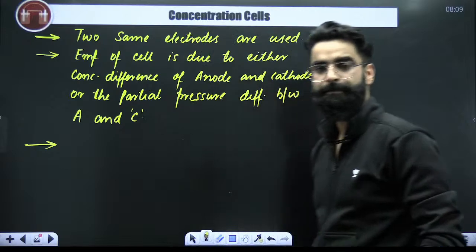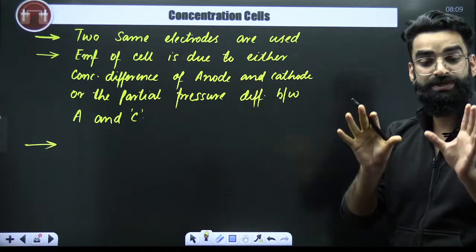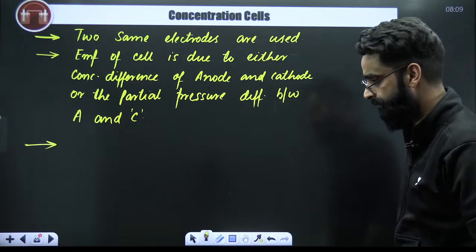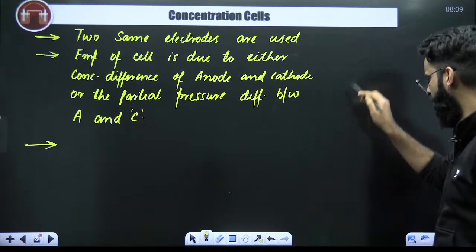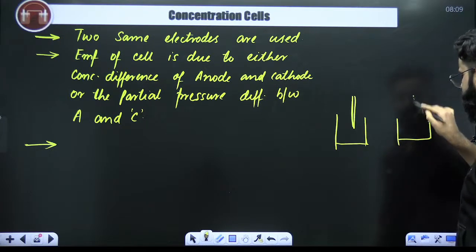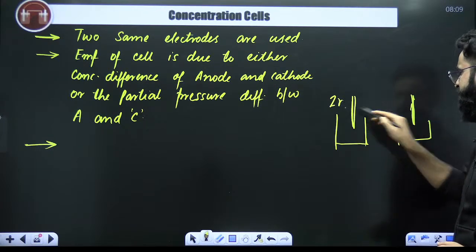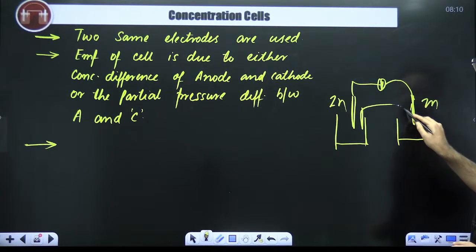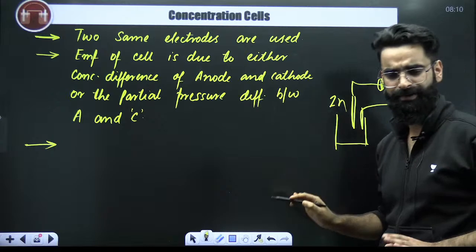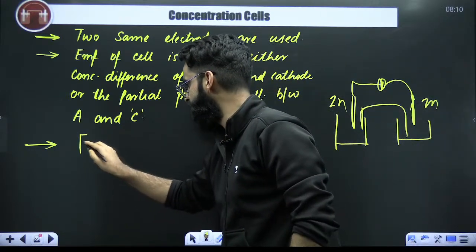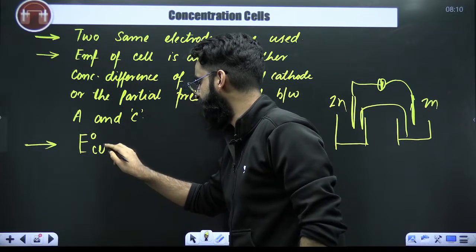You just tell me one thing. My dear students, if you are taking two same electrodes, for example, a zinc electrode on one side and one more zinc electrode on the other, you are connecting them externally and internally, so you are getting a cell. What will be the value of E naught cell?